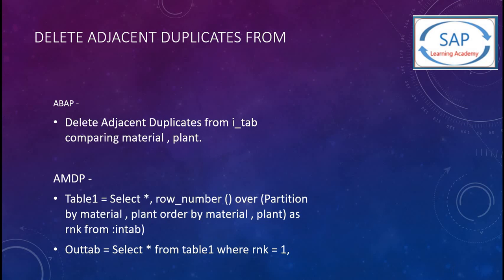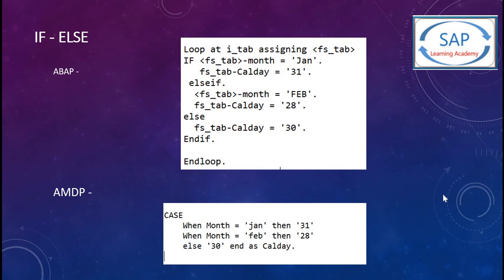And the last one we have now is if else. How can we write if else in ABAP and AMDP? In AMDP, this if else can be accomplished by case when. Let me first read this ABAP logic, where I have used the if else in a loop.